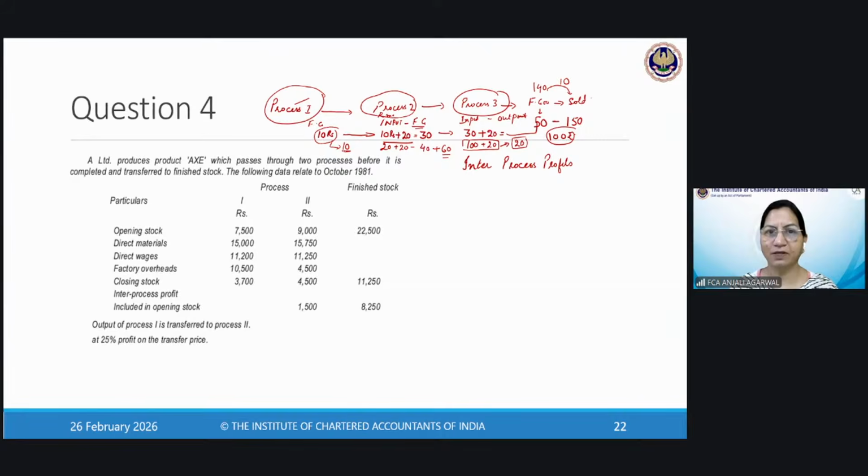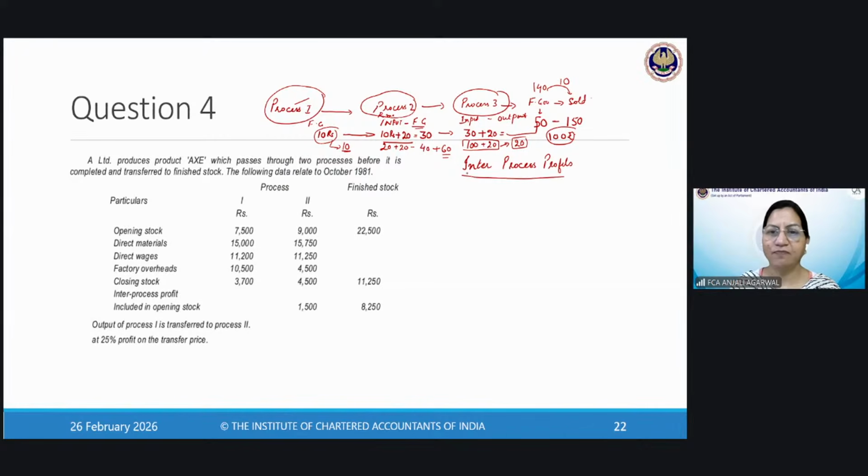So 10 rupees becomes the inter-process profit in process 1. 60 rupees becomes the inter-process profit for process 2. 20 rupees becomes the inter-process profit for process 3. And 10 rupees becomes the inter-process profit for the finished goods account. This is the concept.